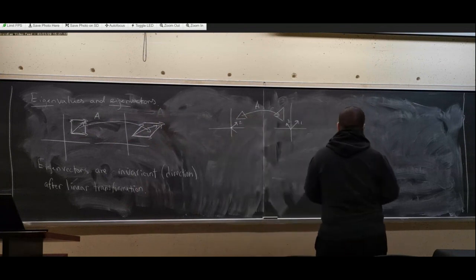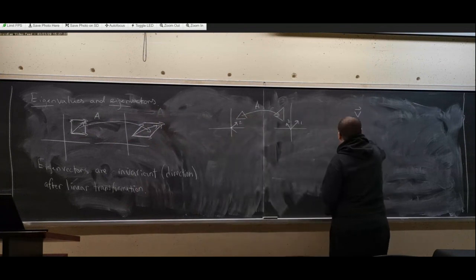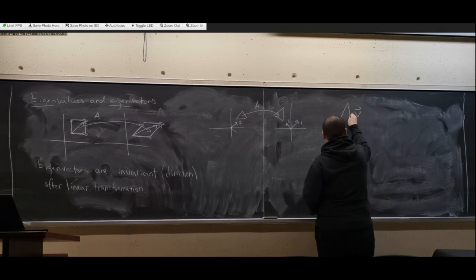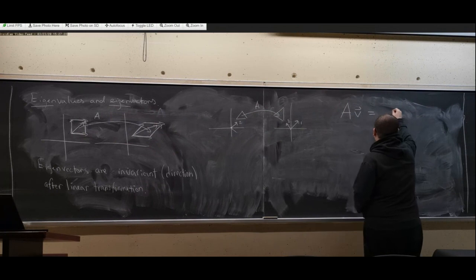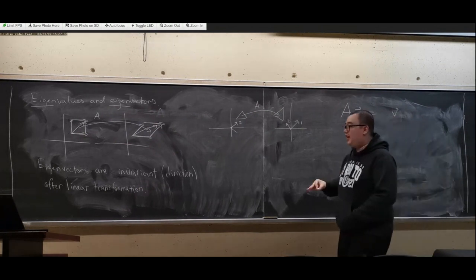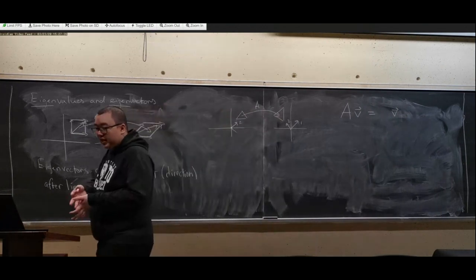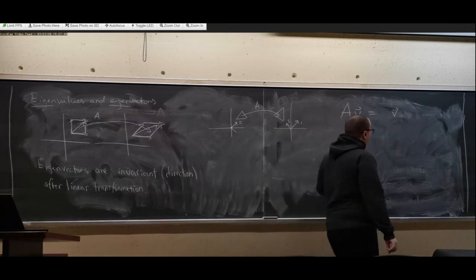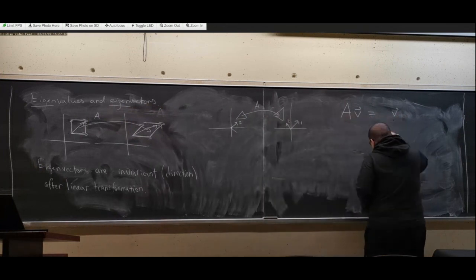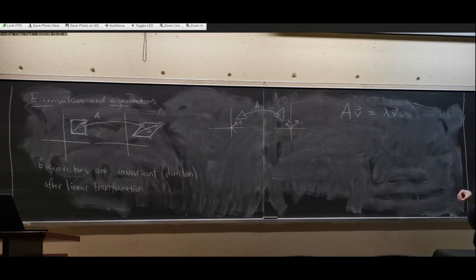That means if I have a vector v and I apply a linear transformation A, the result is going to still have the exact same direction. But then again, we do not care whether or not the length or the norm of the vector is stretched or not. As long as the direction stays the same, the length can be whatever it is. We don't care about it.